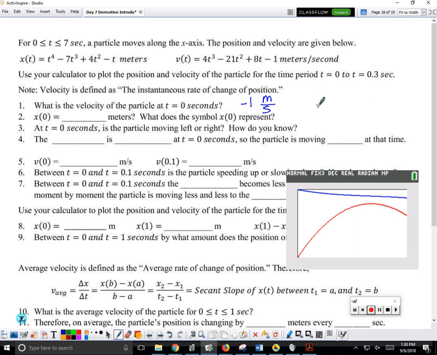Find the position at time 0 on your calculator. So we found the velocity at time 0. Find the position at time 0. That's the other graph. Not a very exciting number, but that's just random. It's not always that.